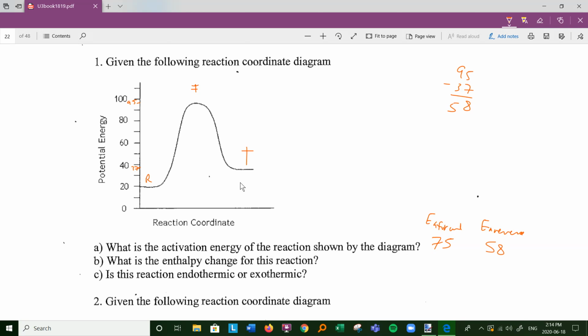Well, we went from 20 up to 37. So there's my delta H. So it would be 17, right? Okay. This is EA forward. This is EA reverse. And I want to say EA Sports. Get in the game. EA forward, EA reverse, EA Sports. And this is an endothermic reaction because my products are higher up than the reactants.